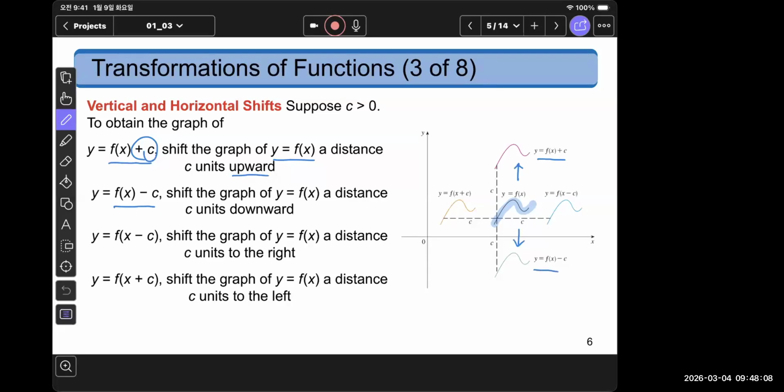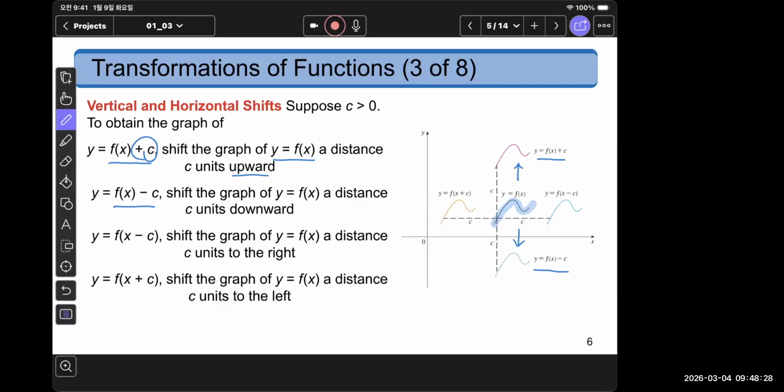Then you get the graph of y equals f of x minus c. So if you have the graph of y equals f of x, and then you add c or subtract c from f of x, then you need to shift the graph upward or downward.